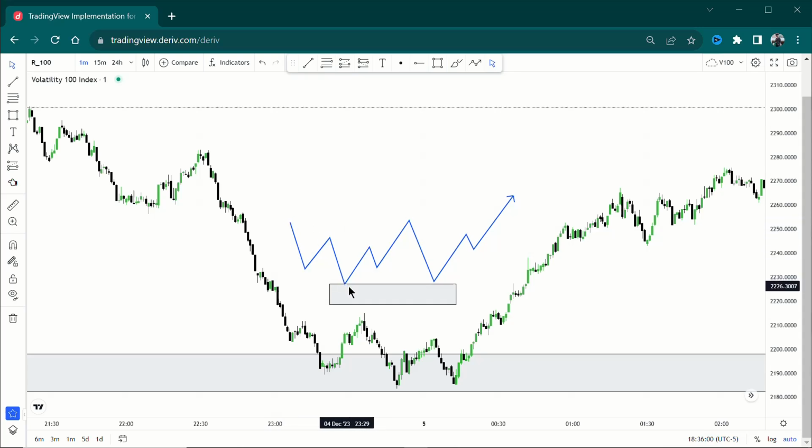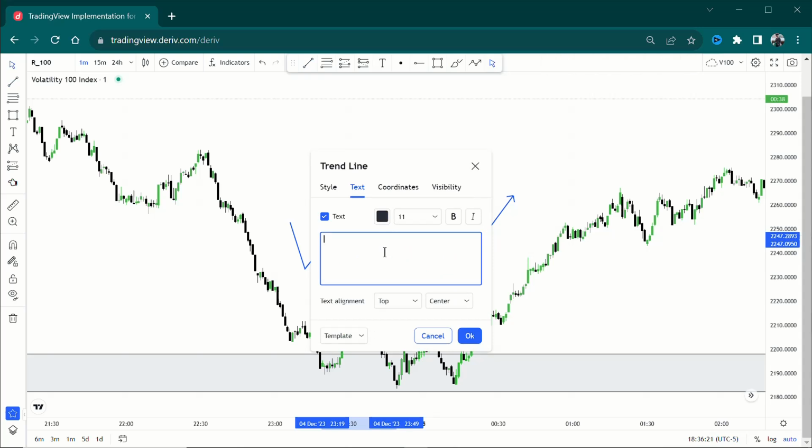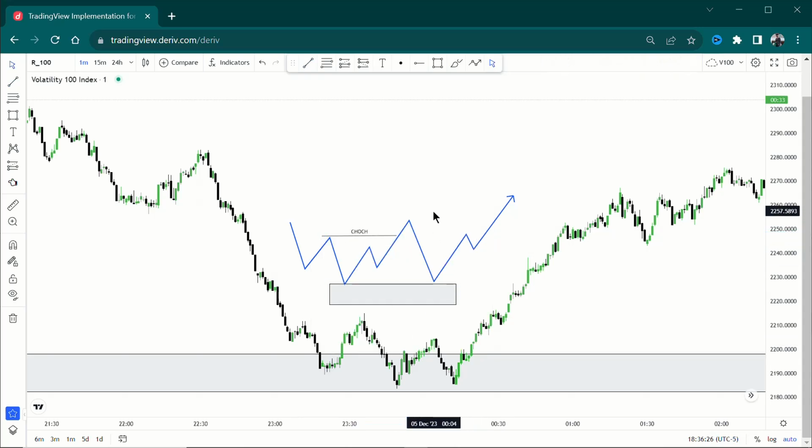So here, the moment it just touches your 15-minute POI, this first pullback here, when it's cleared, is going to act as your change of character. Okay? This is your change of character.